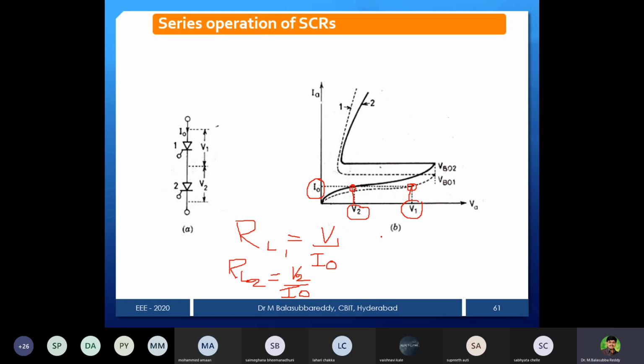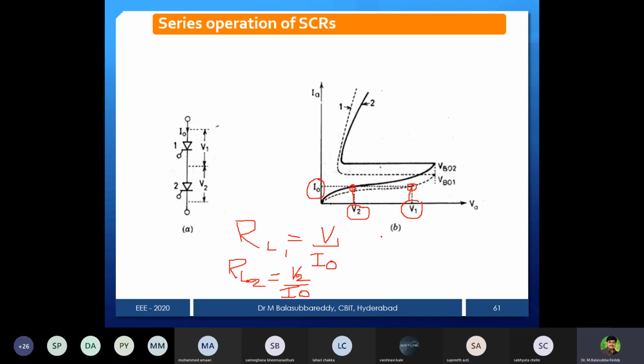Now, V1 is more voltage than V2. Then which one will give a high resistance value? We can see V1 by I naught and V2 by I naught. In that ratio, the denominator is fixed, and the numerator which is larger will give a high leakage resistance. Then obviously SCR1 has high leakage resistance and SCR2 has less leakage resistance.